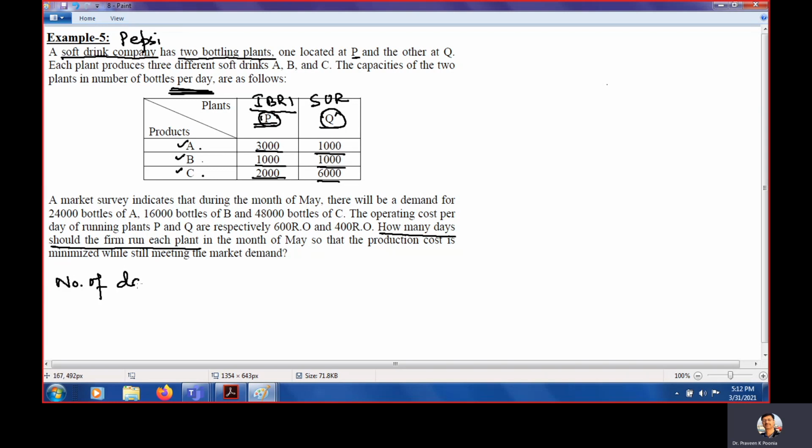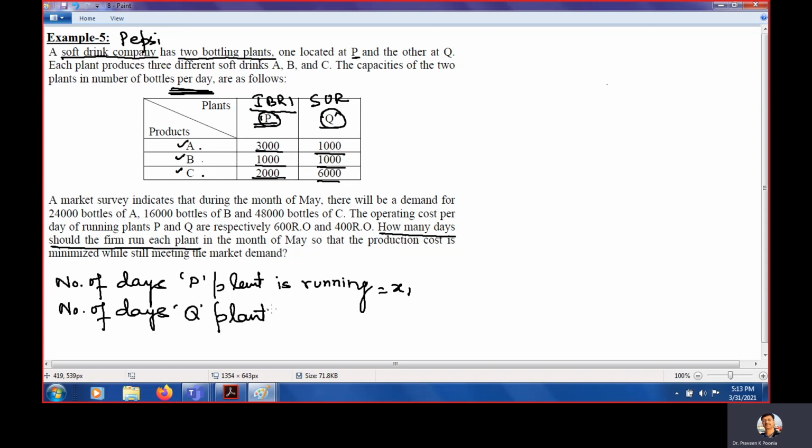Number of days P plant is running is equal to x1. Number of days Q plant is running is equal to x2. These are the two things.